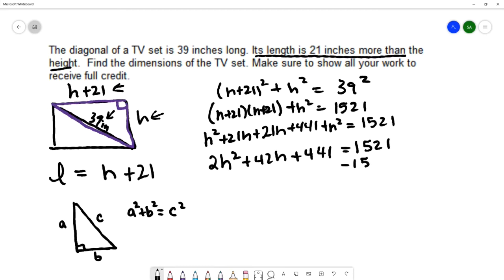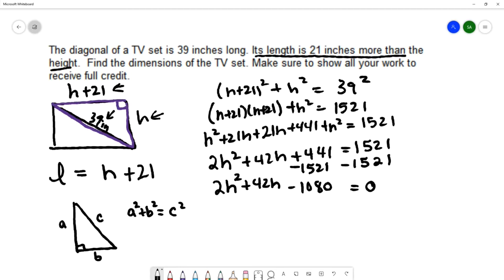I'll subtract this 1,521 on both sides so I can move all the terms to the same side. 1,521 minus 441 would be 1,080, and that should be negative. We have 2h squared plus 42h minus 1,080 equals 0.